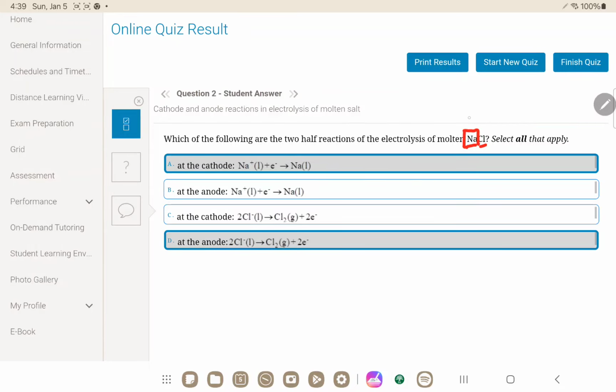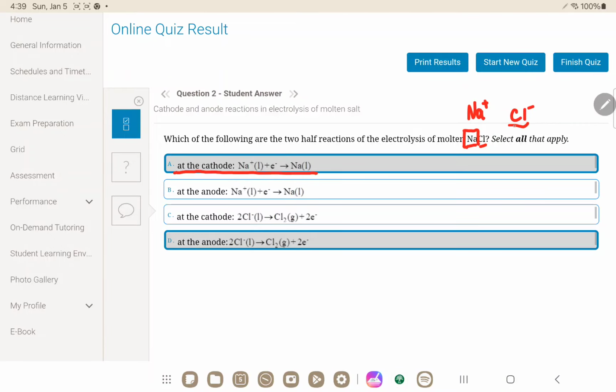So Na, since it's Na+, is going to go to the negative electrode, aka the cathode. At the cathode, you're going to find Na+ getting reduced, because in reductions the electrons are in the reactants. And at the anode, which is the positive electrode, you're going to find Cl-.